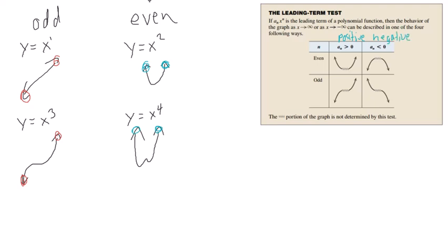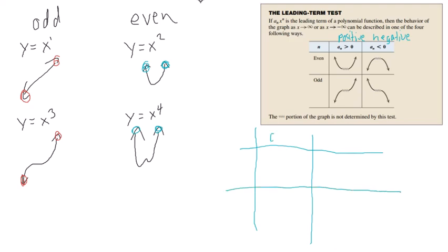So if you compare our chart, we have y equals x would be positive and odd. So this bottom left one. And even is here. For the chart that I personally use, I'll put odd here, even here.